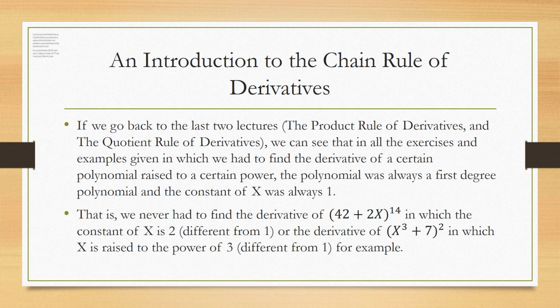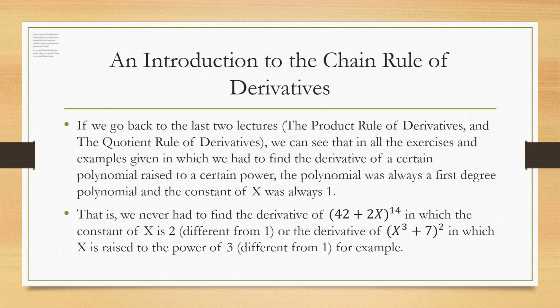If we go back to the last two lectures, which were the product rule of derivatives and the quotient rule of derivatives, we can see that in all the exercises and examples given in which we had to find the derivative of a certain polynomial raised to a certain power, the polynomial was always a first degree polynomial and the constant of x was always 1.